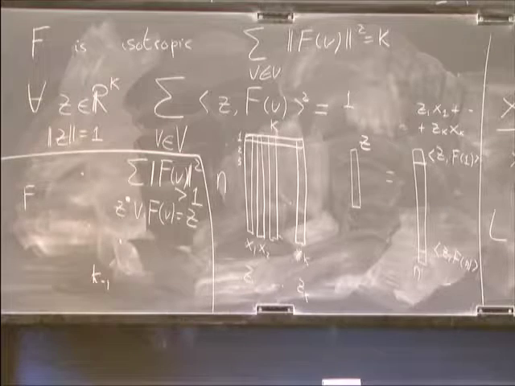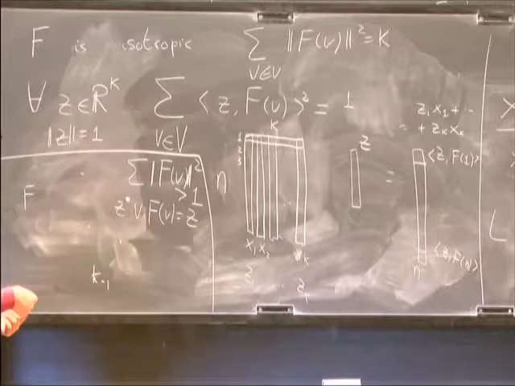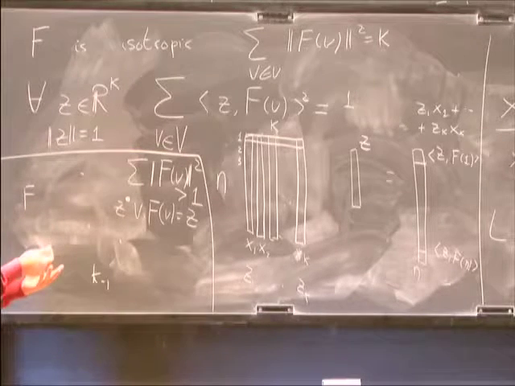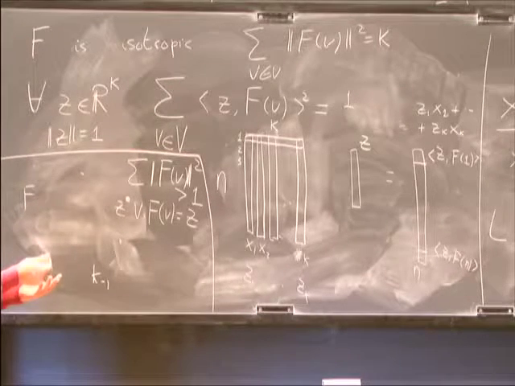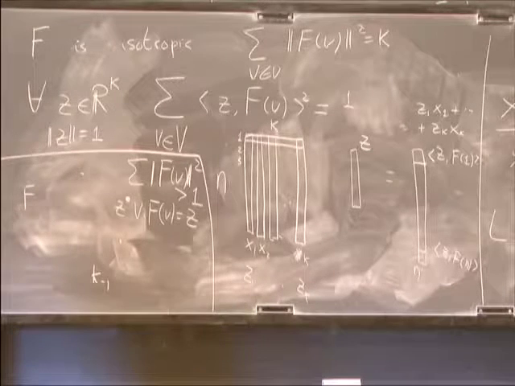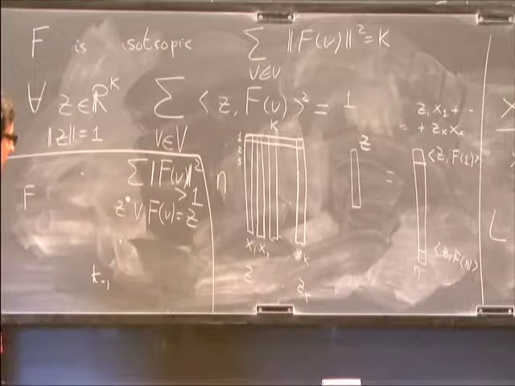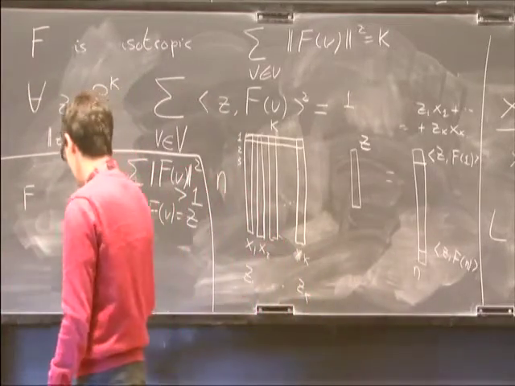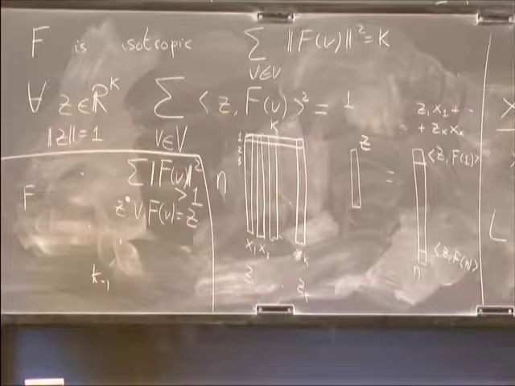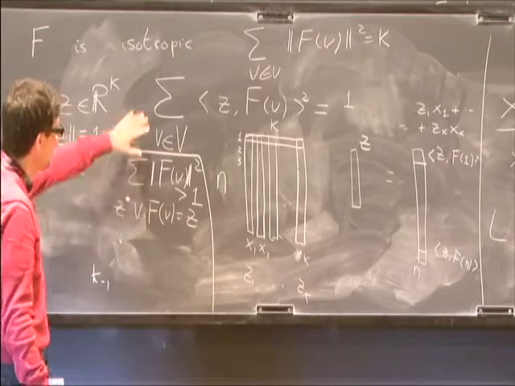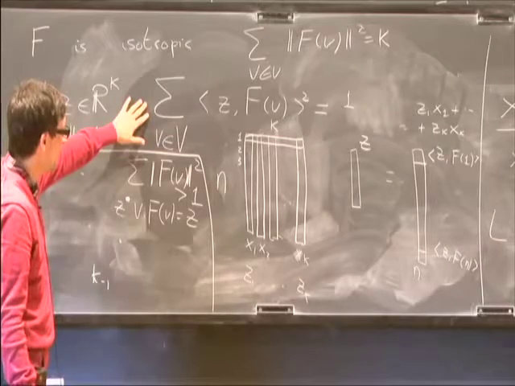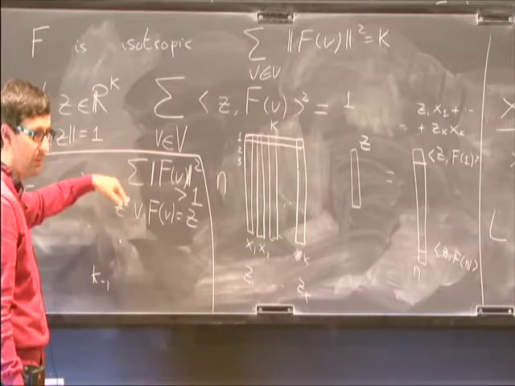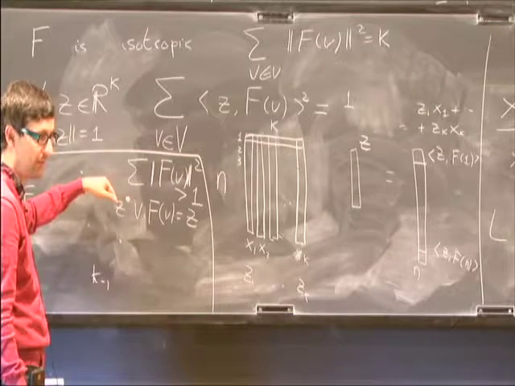If the total norm square is k and you map into k minus 1 points, one of them will have to have summation of norm square bigger than 1. So then just apply this fact with z being this z normalized to have norm 1.